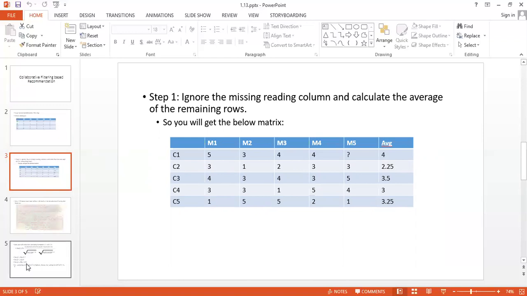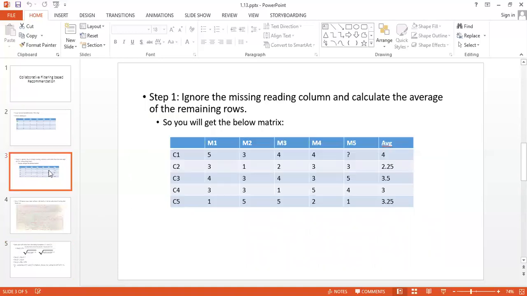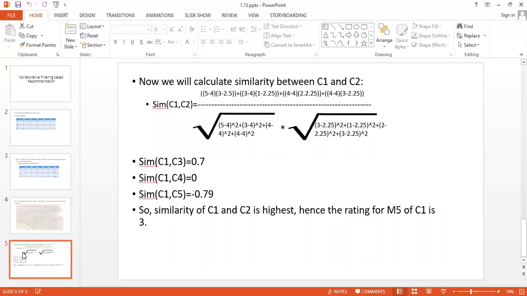So 3 minus 2.25, plus, because we are taking summation. Then second value of first row minus its average, into second value of second row minus its average: 3 minus 4 into 1 minus 2.25.